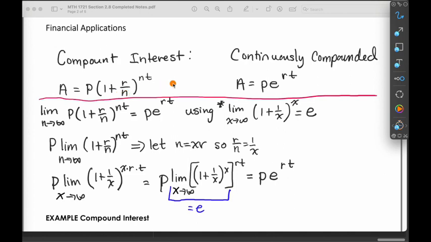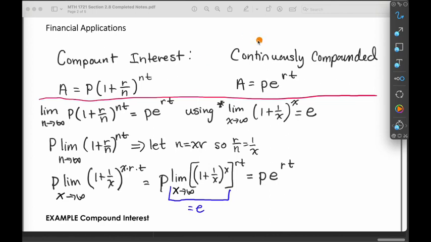So, for example, if it's compounded quarterly, n would be 4. If it's compounded semi-annually, n will be 2. So n is the number of times it's compounded a year. And of course, t is in years.